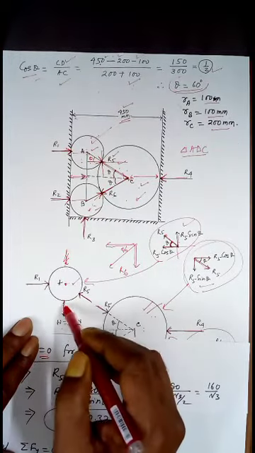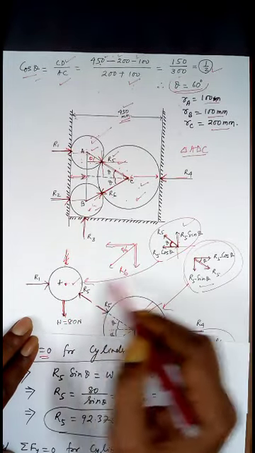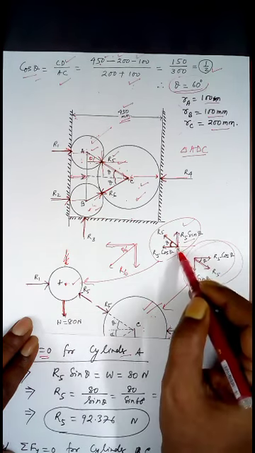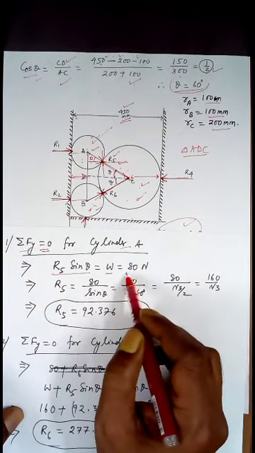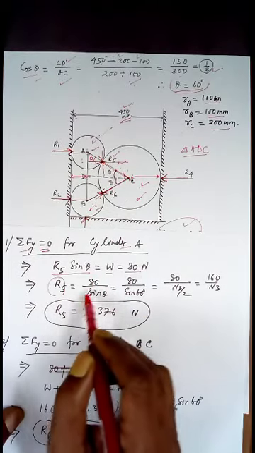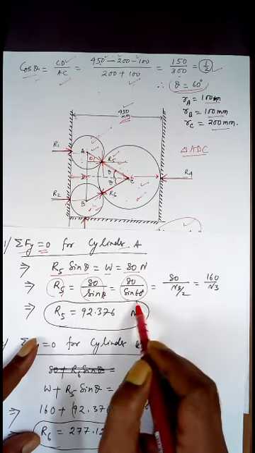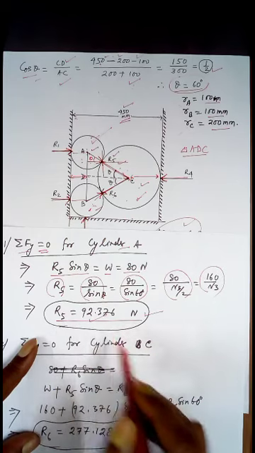The weight is downward, and R5 sin theta is upward. So W is equal to R5 sin theta. W is 80 Newton, so R5 comes out to be 80 over sin theta. Theta is found out as 60. So putting these values, R5 comes out to be this.